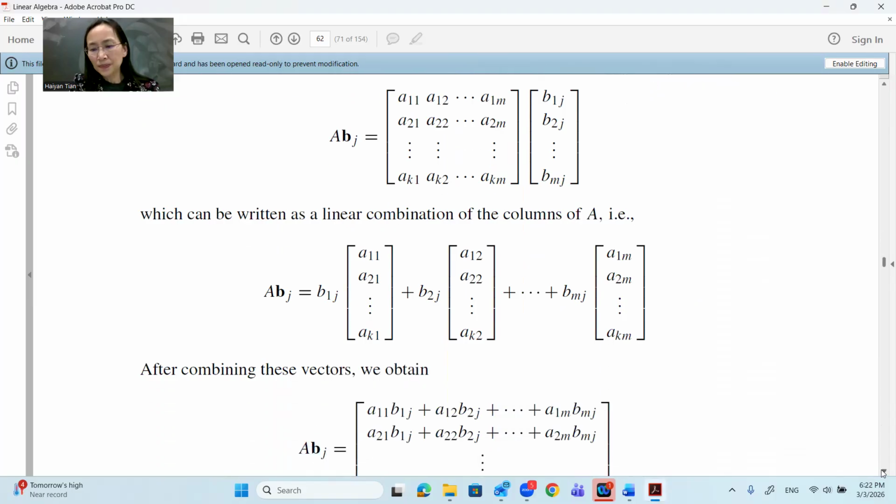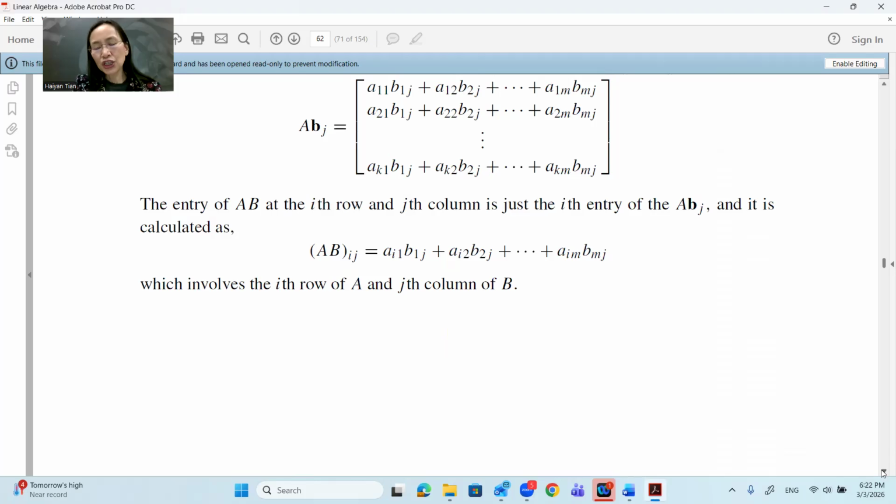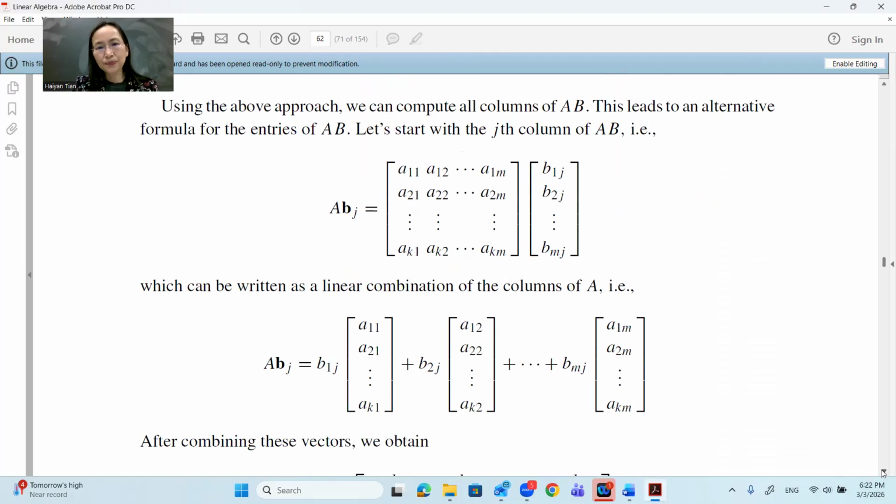So now with this approach, there's another approach. For example, we know that ABj will produce the jth column of the product matrix.